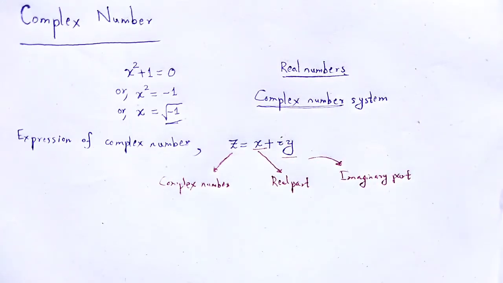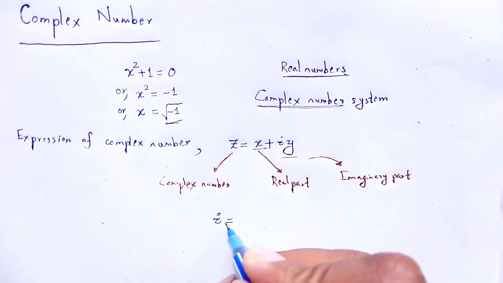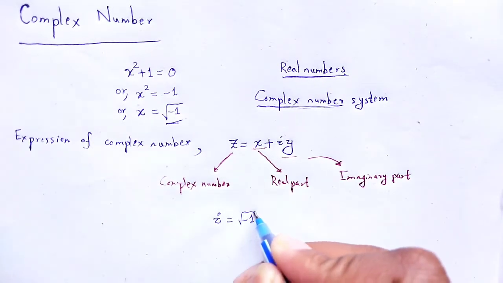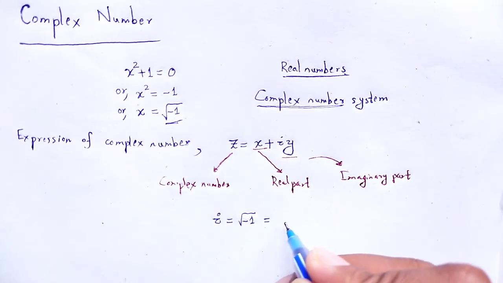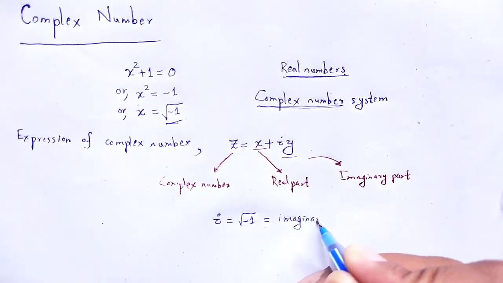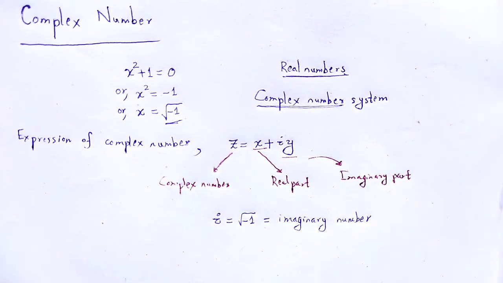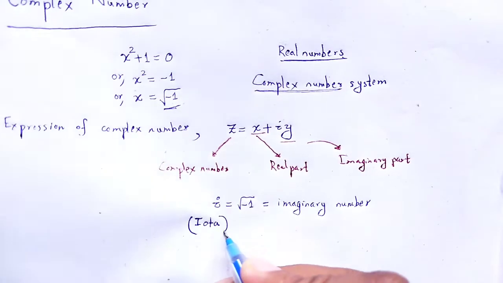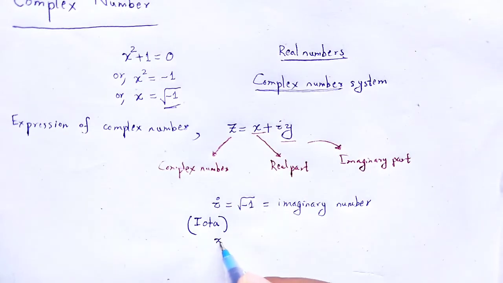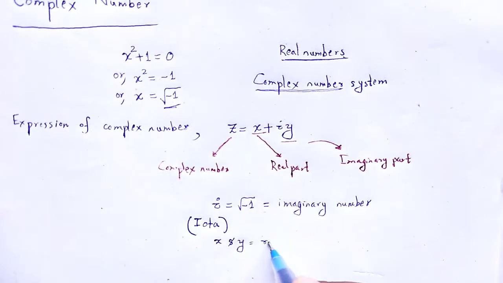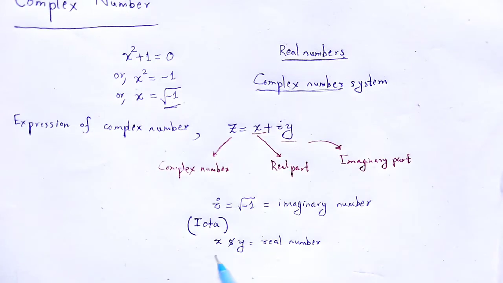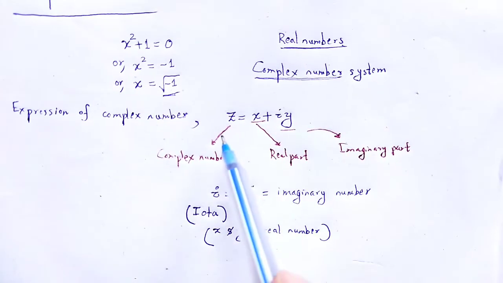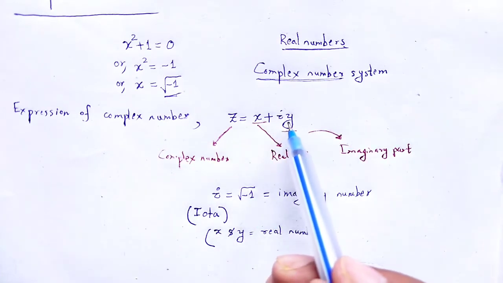Here i is equal to under root of minus 1, which is known as the imaginary number, and we pronounce the term i as iota. x and y are real numbers. That will be the representation of a complex number, z is equal to x plus iy.